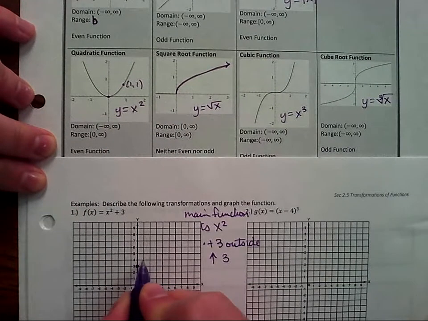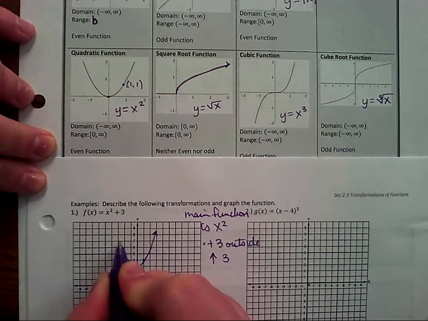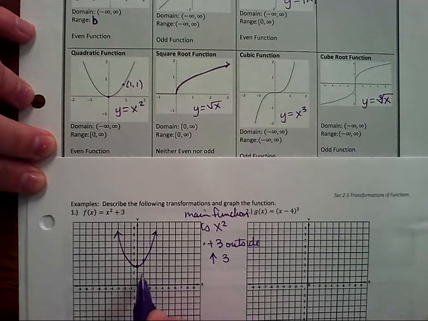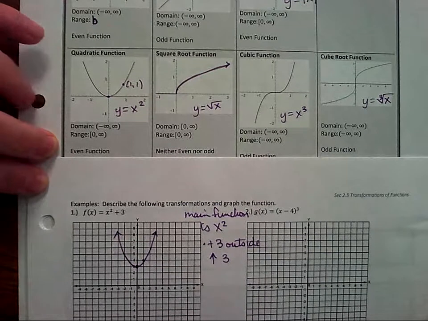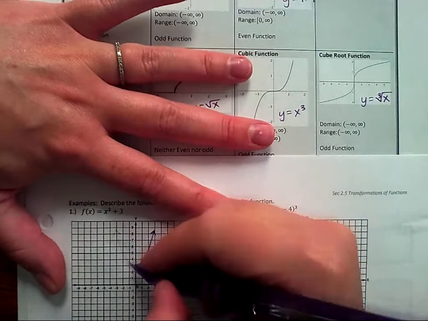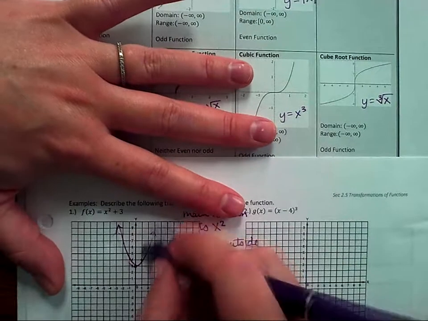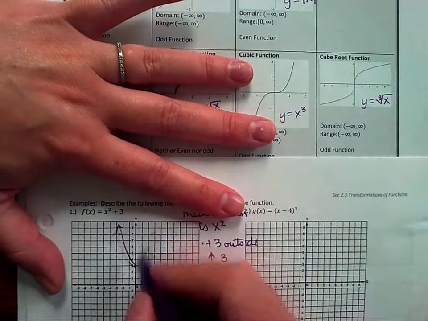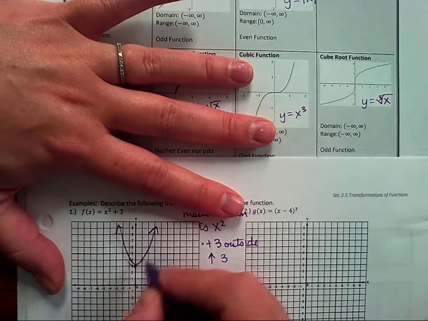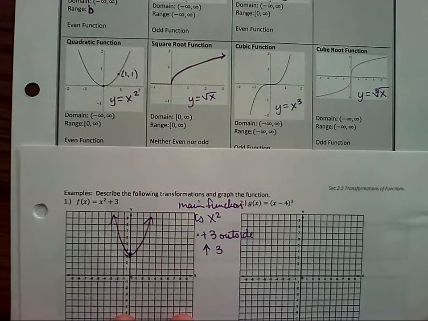So I'm going to shift that point 1, 1 up to here. I'm just taking 1, 1 and moving it up 3, right? Okay, so that's the graph of that function.